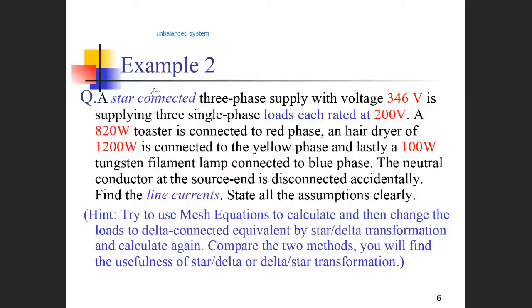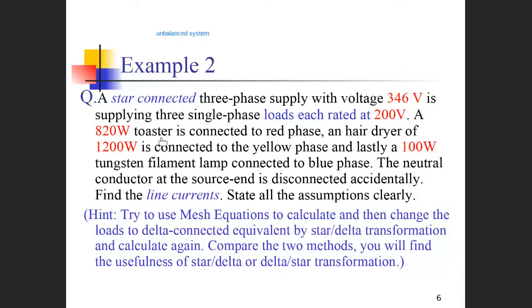Now here, given a star-connected 3-phase supply with a voltage of 346 volts, supplying 3 single-phase loads, each rated at 200 volts. An 820-watt toaster is connected to the red phase.